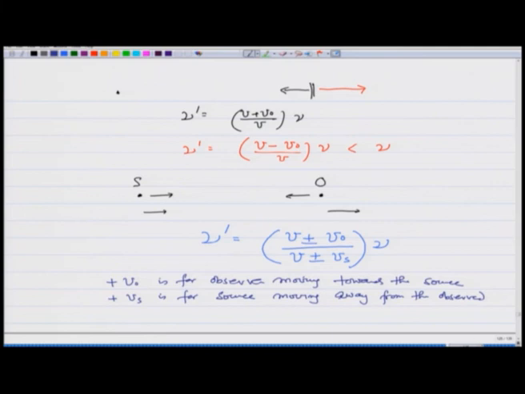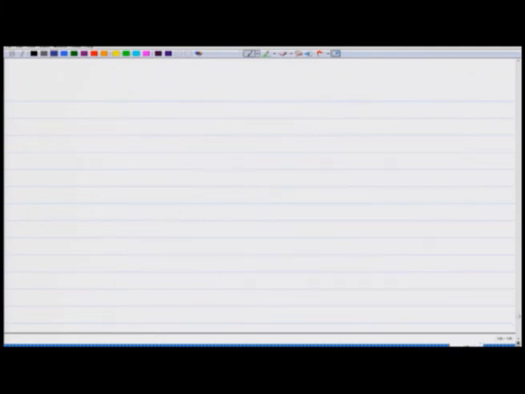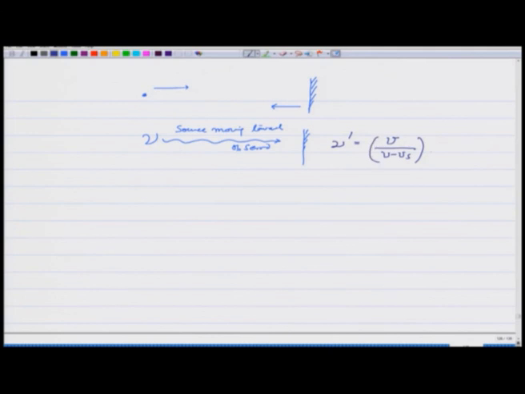An interesting variation of this problem comes when we consider a source moving towards the wall and the source hears his or her own sound. So, what happens in this case is that the wall first receives the frequency from the source as the source is moving towards it. So, if the source frequency is nu, the wall is going to receive a frequency nu prime, which is going to be v divided by v minus vs times nu.